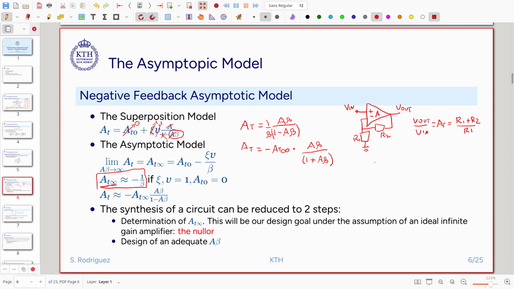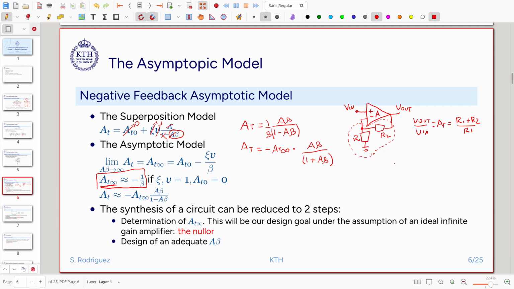Now the beta is actually coming from this network that I have added around the amplifier, and in this case it is formed by two resistors, R1 and R2.